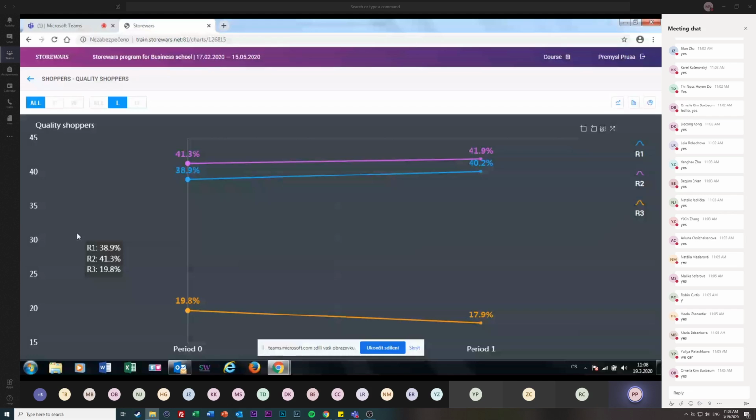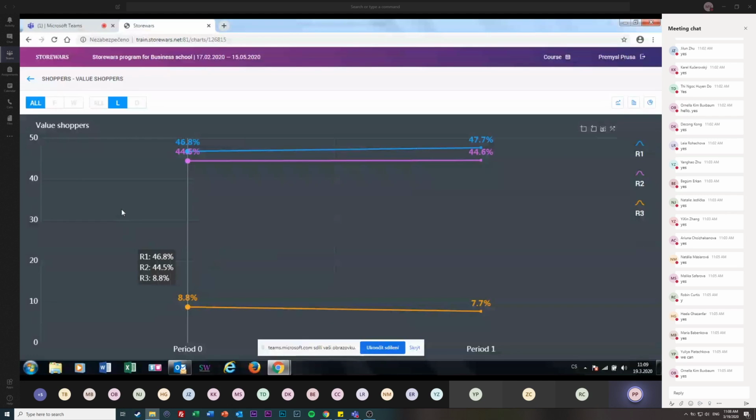If you look at value shoppers, the situation is almost the same, but the other way around. Basically, retailer 1 is having more shoppers here in the value shoppers, whereas retailer 2 is slightly having less, but the difference is very small, so I don't see a problem here.